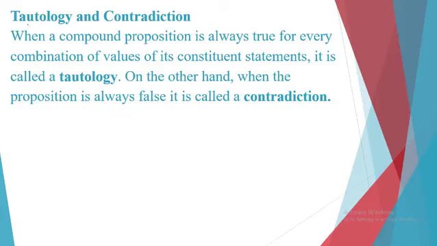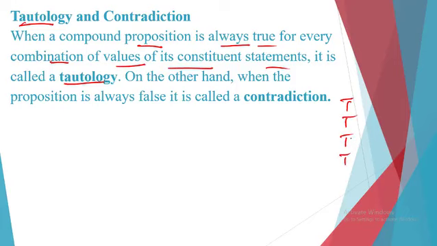When we talk of tautology, we are looking at a compound proposition that is always true for every combination of values of its constituent statements. Then it is called a tautology. When the values are always T, then we say that tautology has taken place.